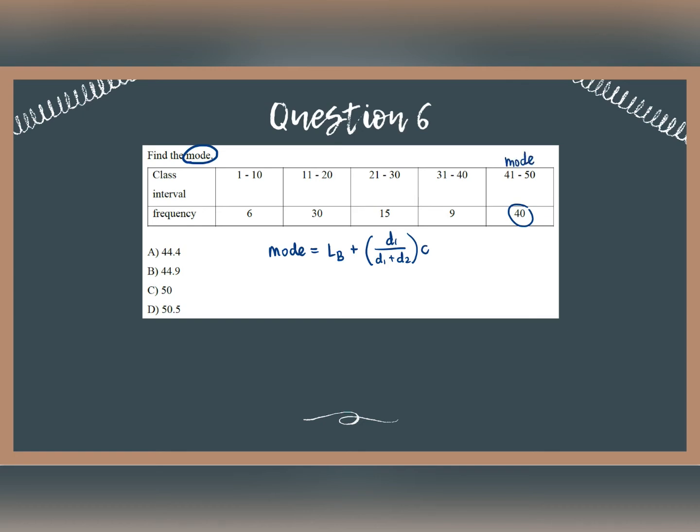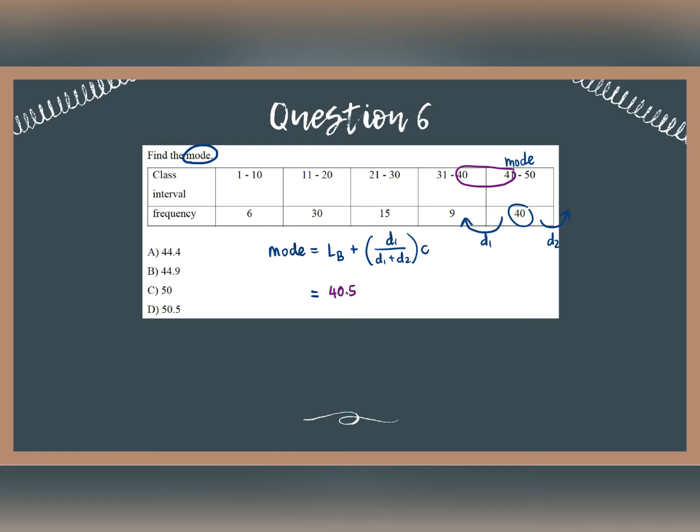Okay, so ini perbezaan ini will be D1 and the next one will be D2. Tapi sebab the next number tak ada kan, so automatic dia akan jadi 40 minus 0 lah. Okay, so let's substitute the value. So here kat sini 41 dengan 40, so the lower boundary will be 41.5. Oh sorry, bukan 41.5, 40.5.